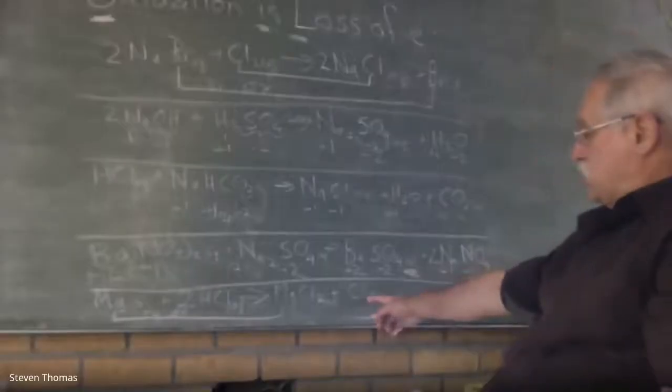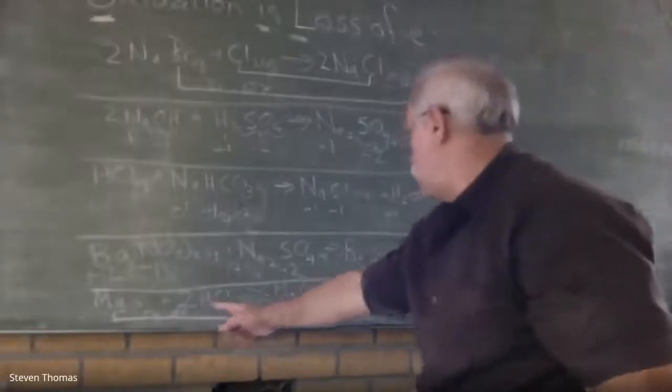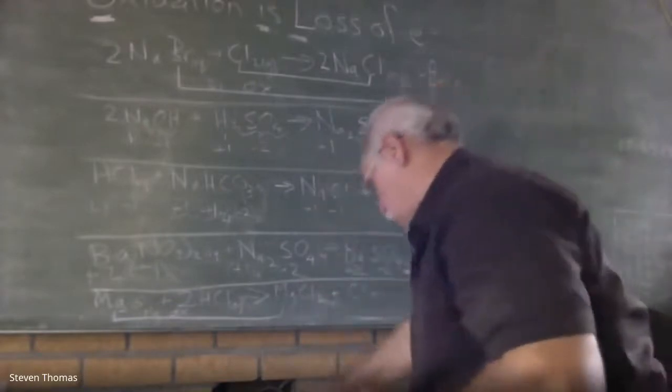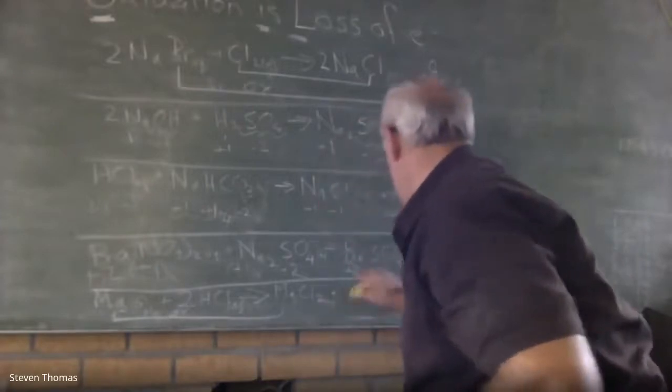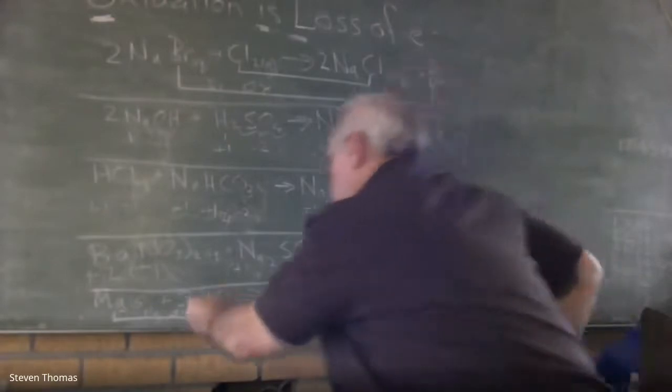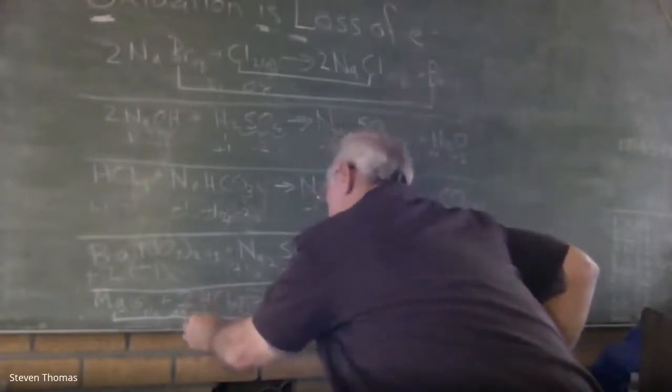What is reduced? The hydrogen. Just look again. Where does the hydrogen go? Hang on. Oh, this should be hydrogen gas. Okay, you're right. You're a double genius. Well done. So hydrogen is reduced.